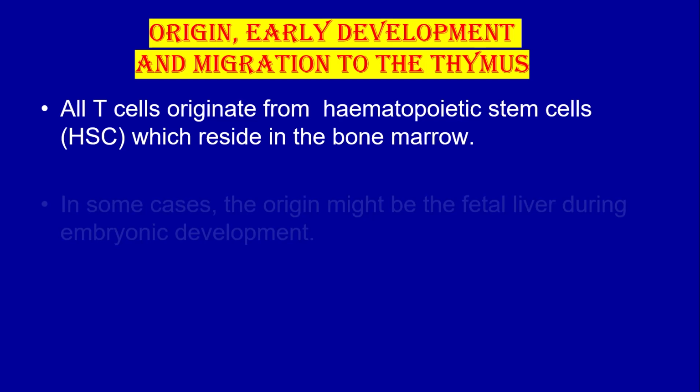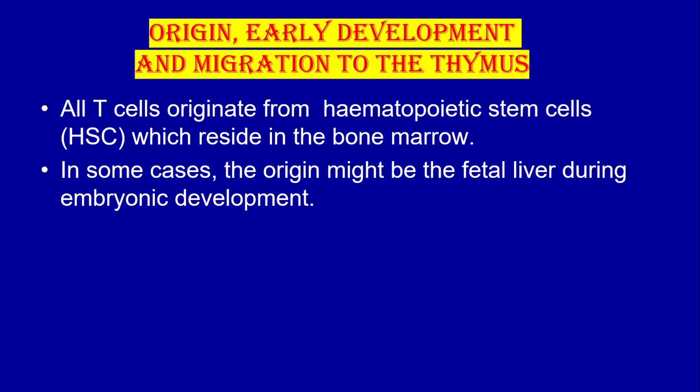All T cells originate from the haematopoietic stem cell, HSC, which resides in the bone marrow. In some cases, the origin might be the fetal liver during embryonic development.